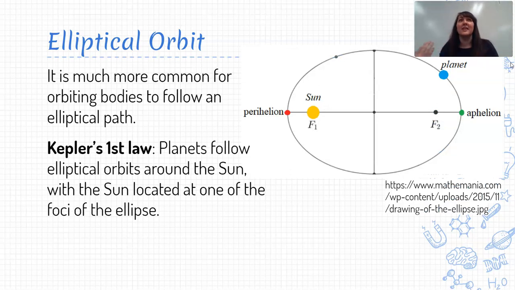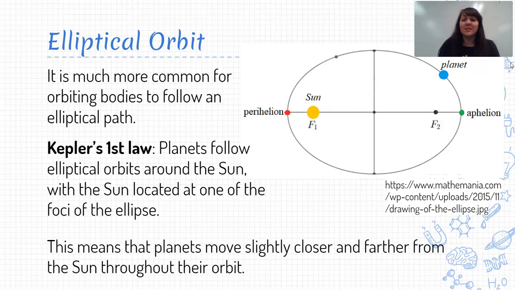When planets engage in these elliptical orbits, the primary body that they are orbiting is located at a focus of the ellipse. So one of those defining interior points, one of those foci, that's where our primary body is. We do also have another focus there, which doesn't have anything. It's just there on the other side of the ellipse. Only one focus actually has a physical object there that is being orbited.